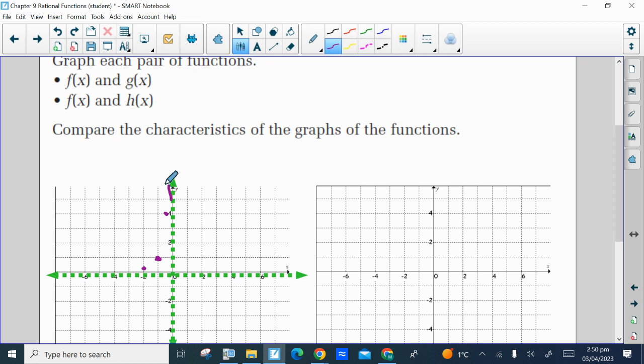So that's why we have our asymptotes there. And the right side of the graph looks the same. It'll go through the point 1, comma 1. It'll go through the point 1/2, comma 4. And it'll go through the point 2, comma a quarter.